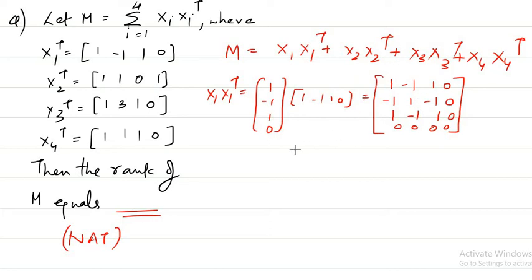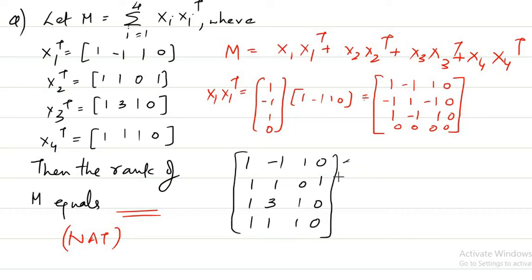The simple trick we use here is that to find the rank of this matrix M, it is enough to take the 4 vectors you are given, form a matrix using them, and find how many linearly independent vectors there are among them. We are given 4 rows, and we just have to find how many are independent.